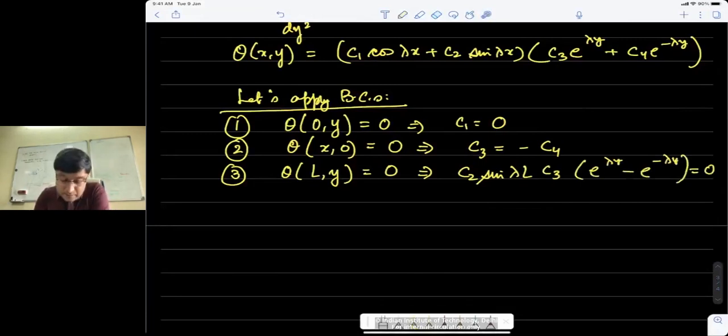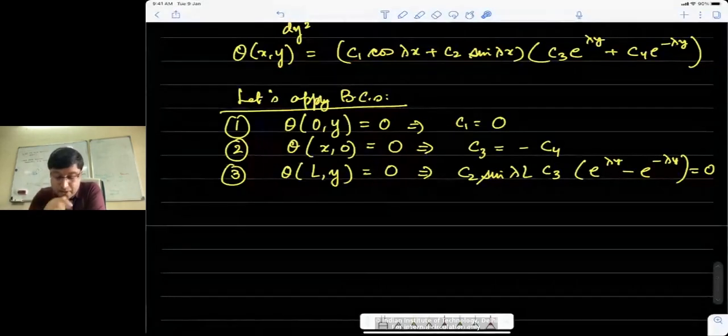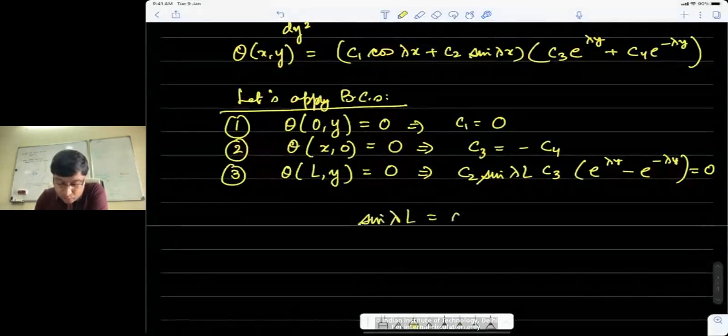So clearly, for this equation to be 0, this factor cannot be 0, because it has a y dependence on it. c3 and c2 cannot be 0, because if c3 and c2 are 0, then again we get theta x y to be 0 everywhere. So as I'm saying, we get basically a trivial solution that satisfies the governing equation, but it will not satisfy the boundary condition, which is the last boundary condition I'm yet to apply. So the only way this can be satisfied is if sine lambda L was 0.